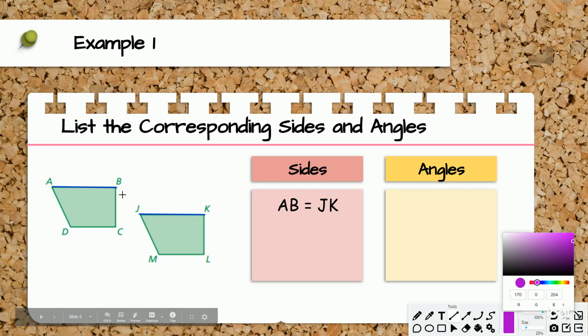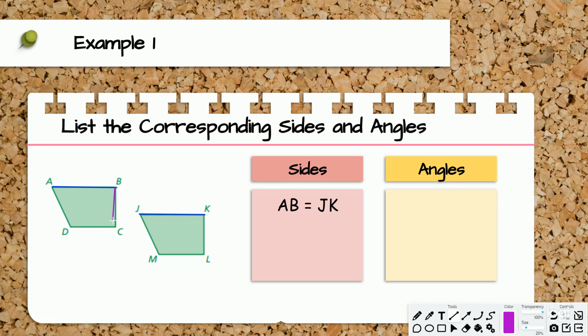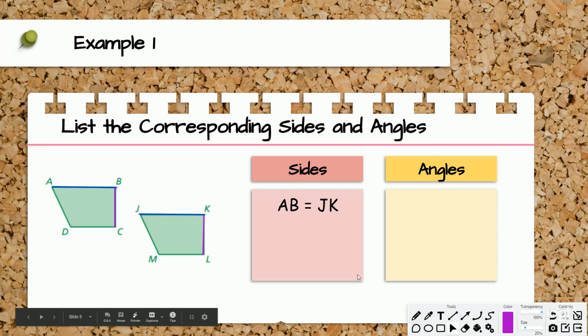The next corresponding side would be B to C, and its corresponding side would be K to L. And we write that like that.